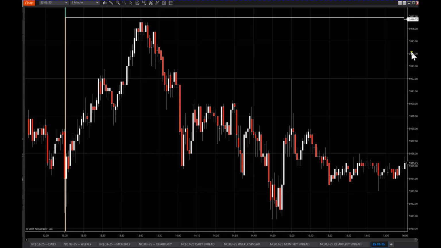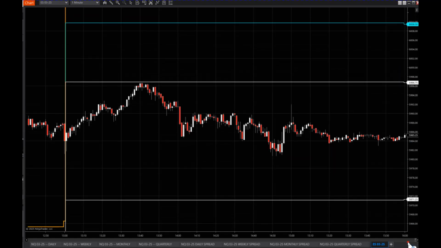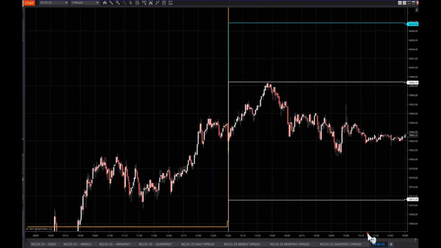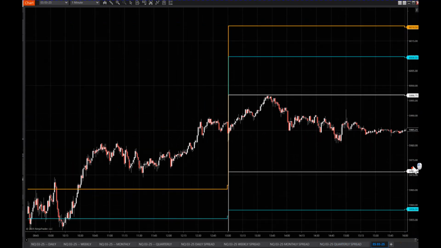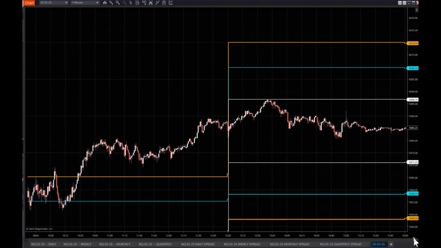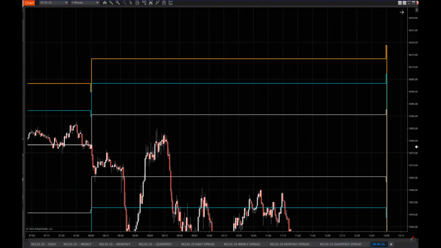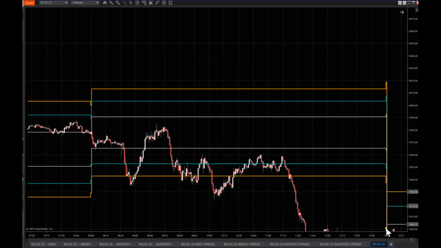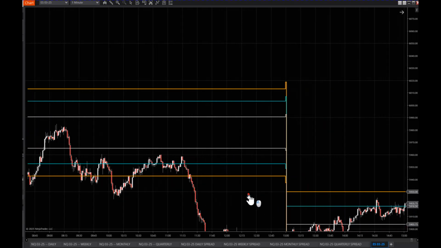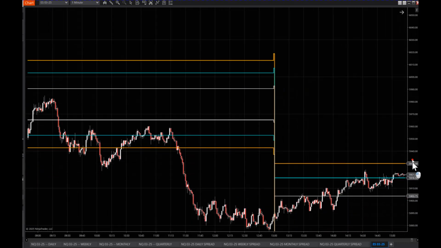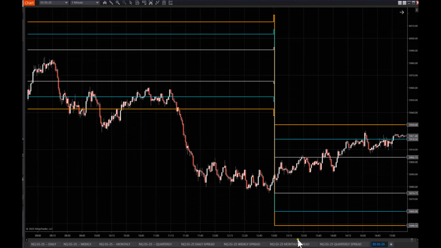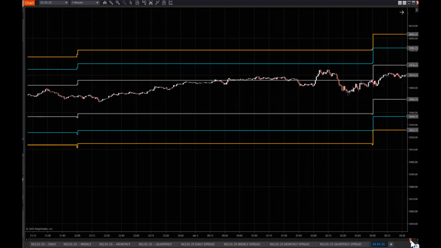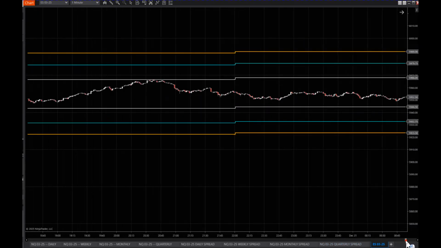All right. So you can see how this is used a lot of the time for support resistance. And a lot of the times it will break out of that range and run.